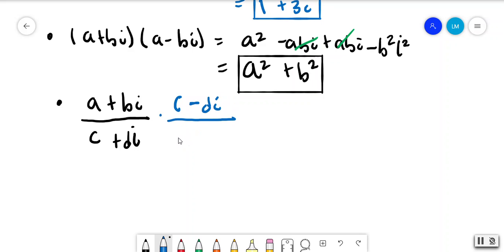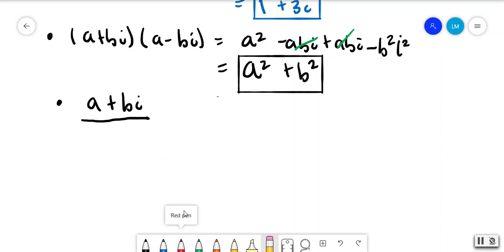Actually, let's change this a little, because it would be clever of me to change that to c minus di. If I'm dividing by a complex number, it doesn't matter if this is negative, but in this case I'm going to make it negative.